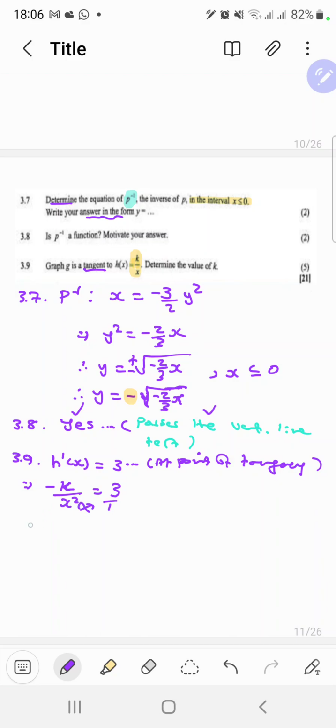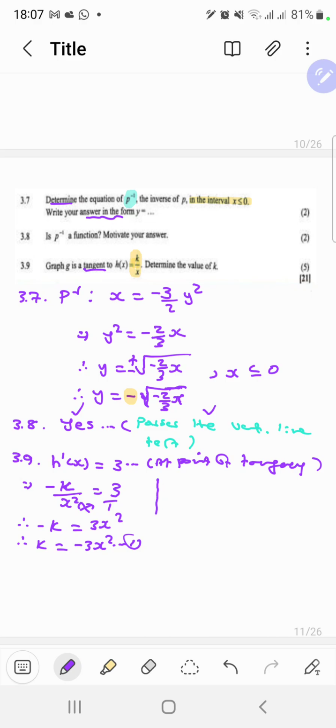You cross multiply there, it tells us that minus k is going to be equal to 3x squared. Therefore, our k is going to be equal to minus 3x squared. That is equation 1. Remember, you will need simultaneous equations here because this doesn't solve anything. We have 2 variables, so we are in trouble.